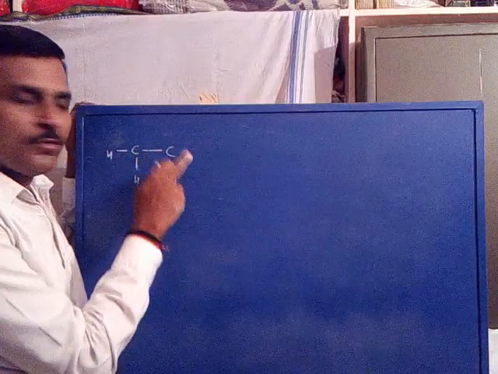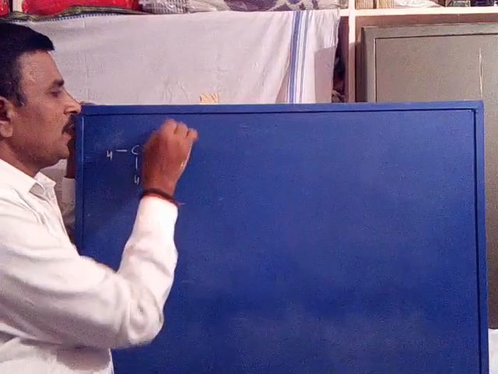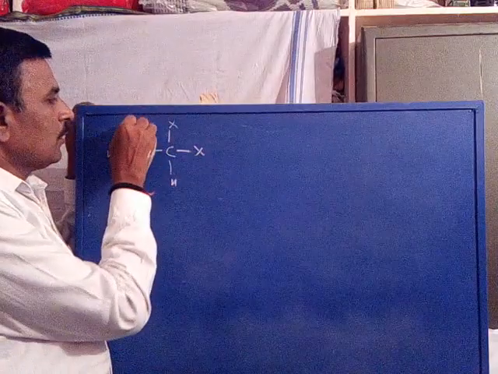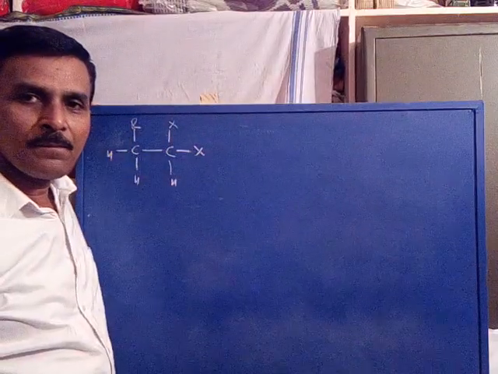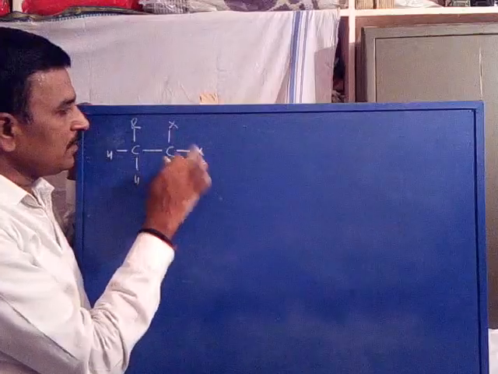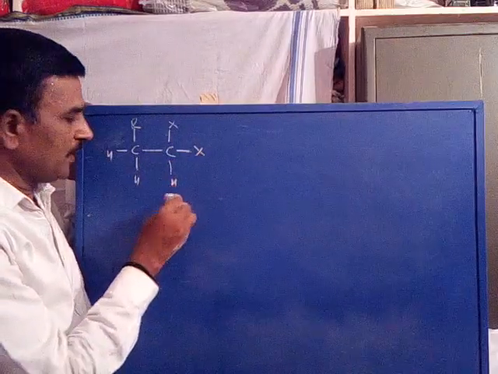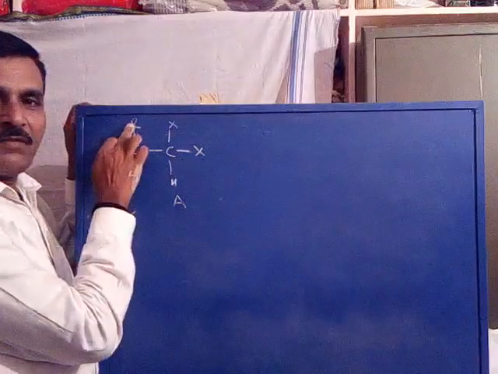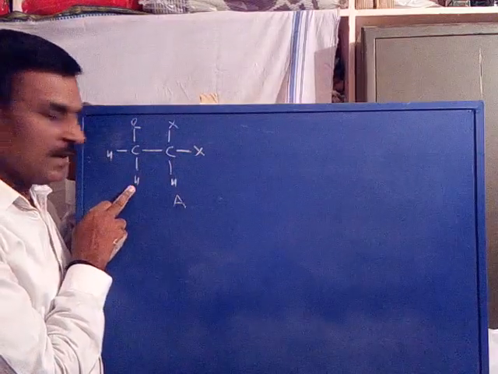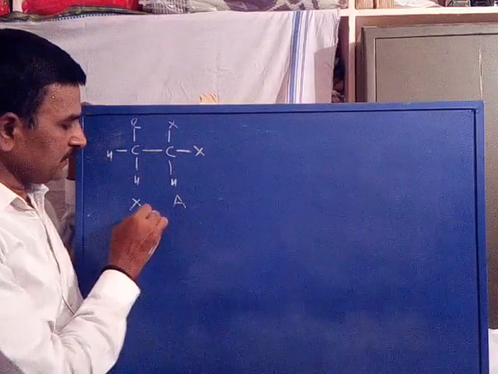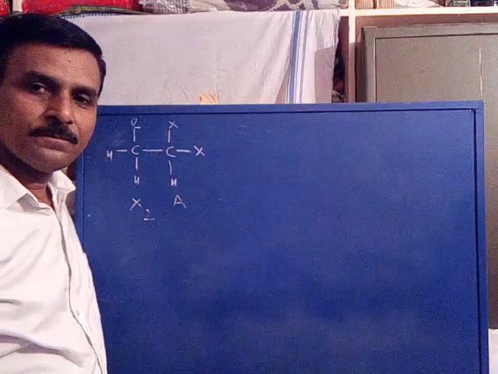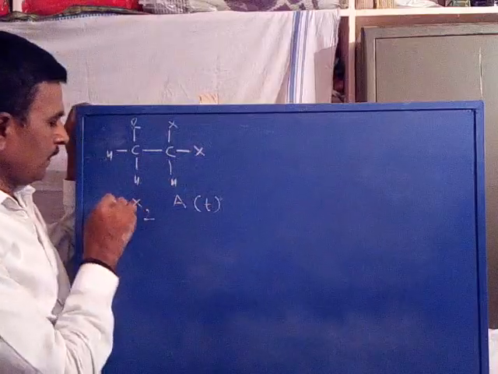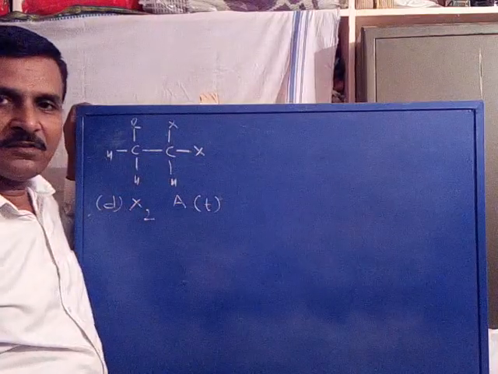Keep any two X groups, and one R group here, whatever it may be. Because of the two X groups, this proton has a higher delta value. This is the A proton. Because of the alkyl group, these two protons have a lower delta value. This comes under X. X has two protons. Now, a triplet signal appears for the A proton, and a doublet signal appears for the X proton.